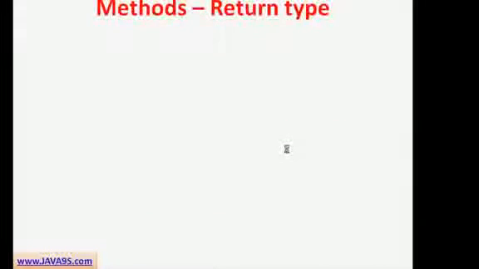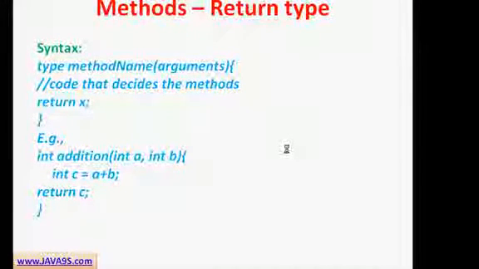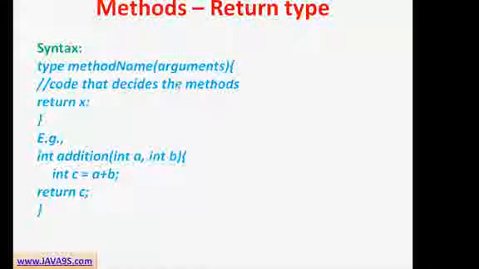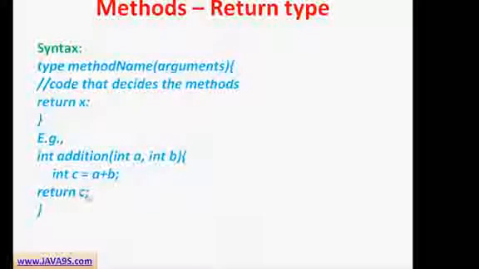So let us see some examples about return type. A return type method should always have a type declared, what type you're going to return, and then the method name, and the arguments are optional. Here I have an example where addition is my method, and I'm getting two arguments, adding them, assigning the result to another integer, and returning that integer. Please remember the type of the value that I am returning should always be the type that I have declared here.